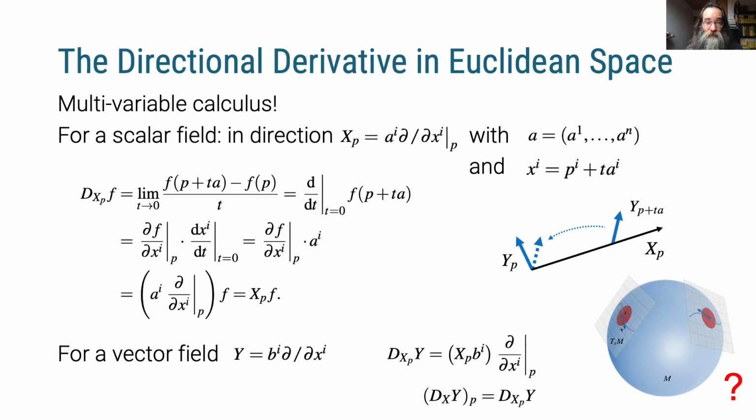By differentiating by t, only a^i survives, and we can now move the f outside again and use this expression as an operator operating on f. We get that the directional derivative of f in direction X_p is just the linear combination of the partial derivatives with the components a^i of the direction. We also write this as applying the vector X at p to the function f.